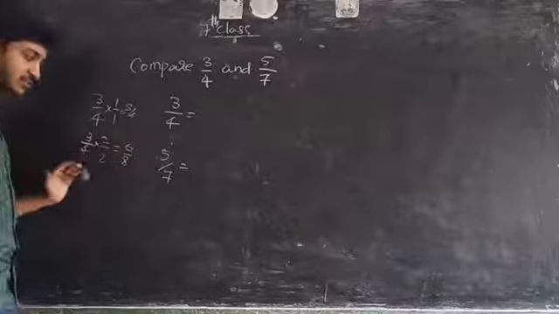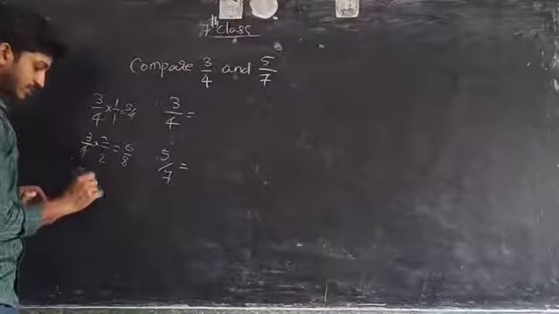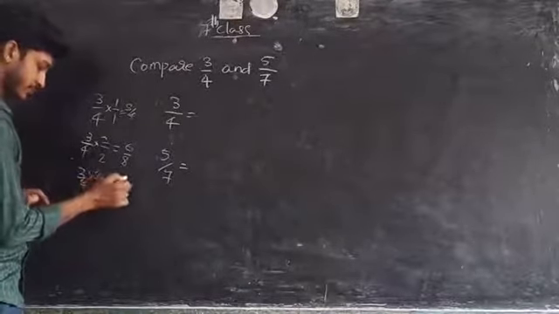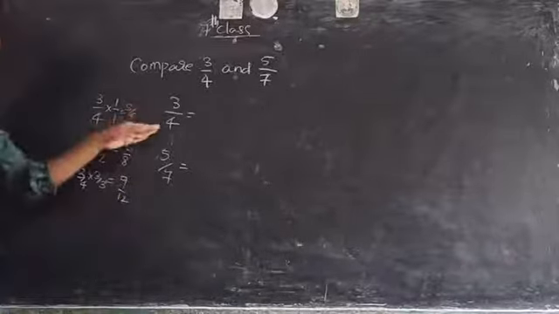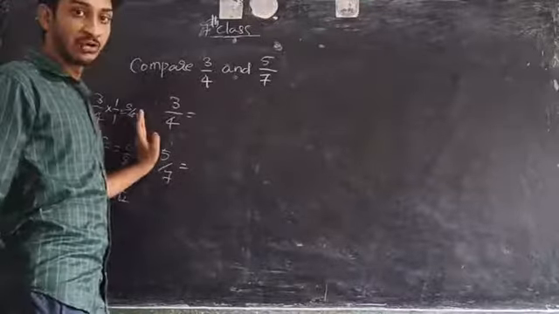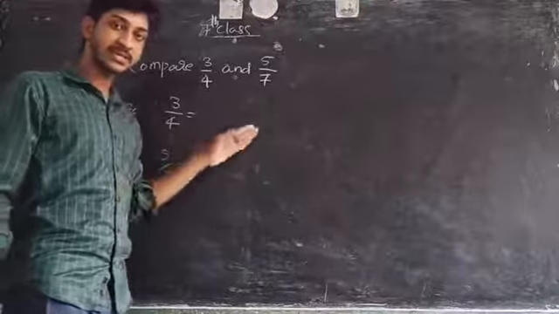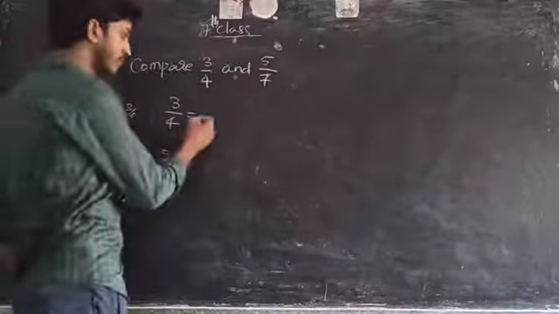These are the multiples of 3 by 4: 6 by 8, and 3 by 4 into 3 by 3 means 9 by 12. We are multiplying 3 by 4 with 1 by 1, 2 by 2, 3 by 3, 4 by 4 and so on.